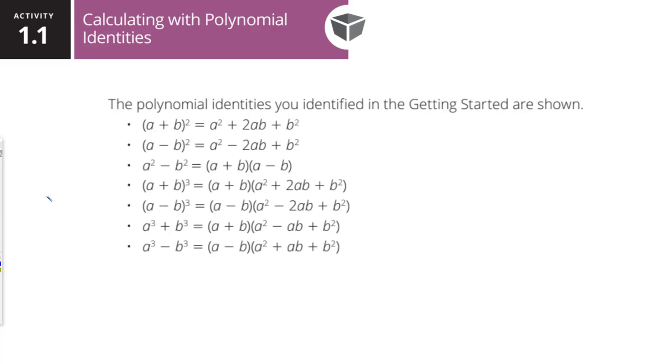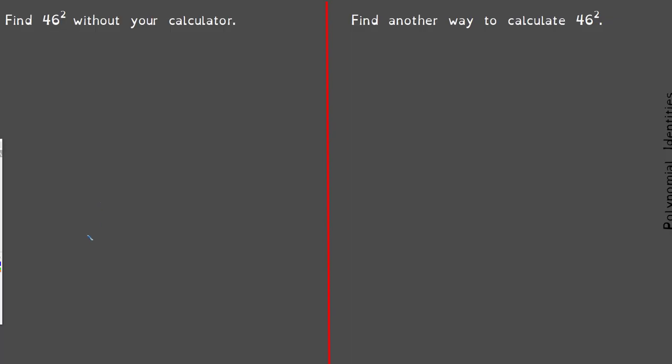So I'm going to go ahead and find 46 squared without using my calculator. And so step 1 is I'm going to find what 2 things can I add together to create 46. So I did 40 and 6, because I can square 40 pretty easy, and I can square 6 very easily.